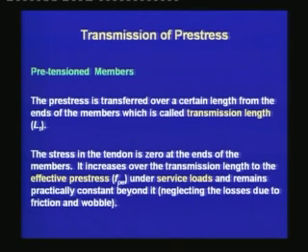The stress in the tendon is 0 at the ends of the members. It increases over the transmission length to the effective prestress, which is FPE under service loads, and remains practically constant beyond it, neglecting the losses due to friction and wobble. Thus, in a pretension member, the stress at the end of a prestressing strand is 0.